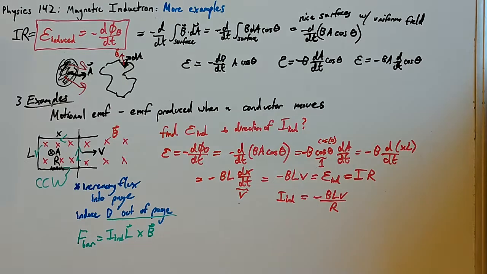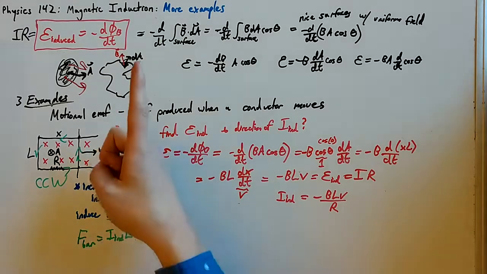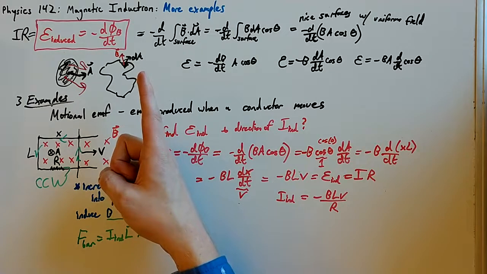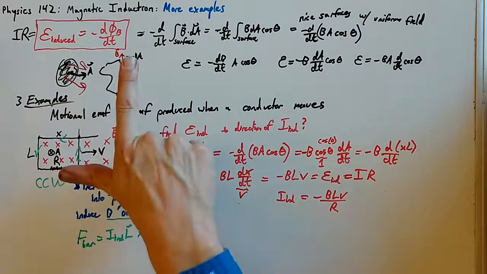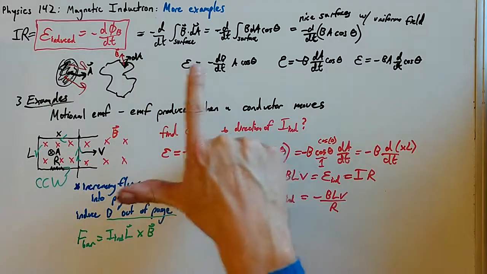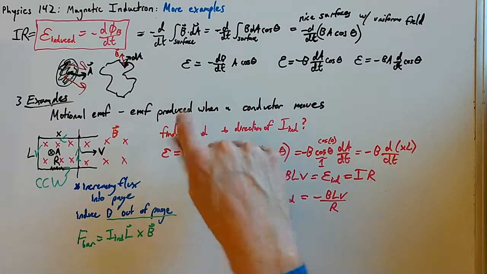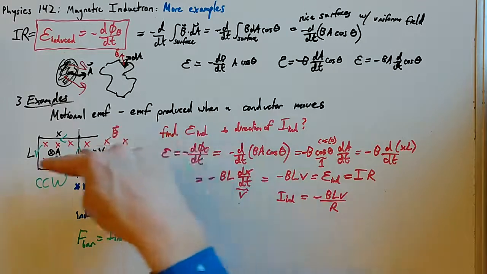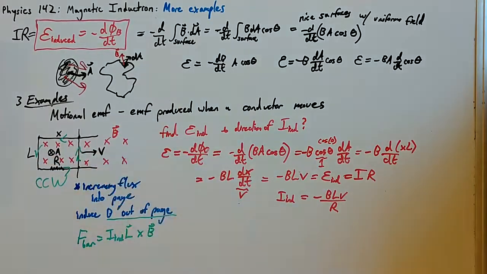And if we think about the direction of that force, well, IL is up, and the red magnetic field is into the page. So that's going to produce a force that is back to the left and opposes the velocity.